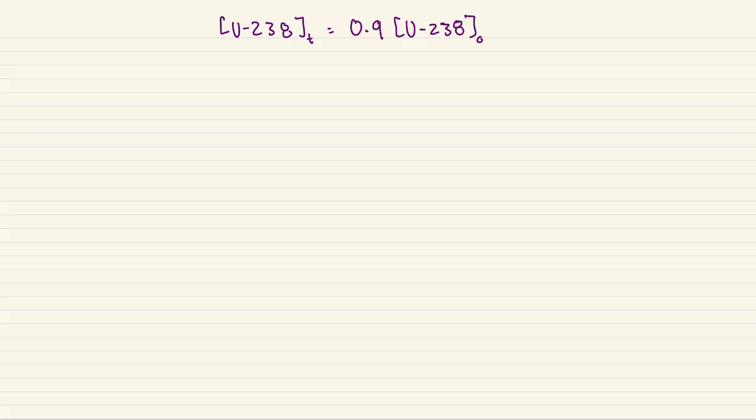This is our 90% of our original uranium 238 left over. So that's what we got from a little bit of information from the problem. And so our integrated rate law is ln U238 at time t equals minus kt plus ln uranium 238 initially.